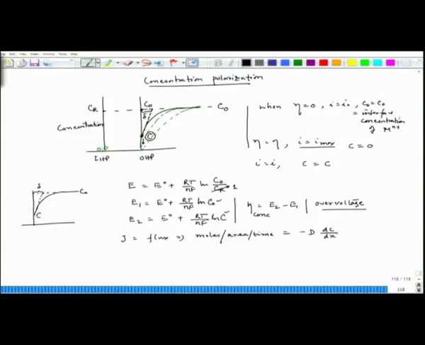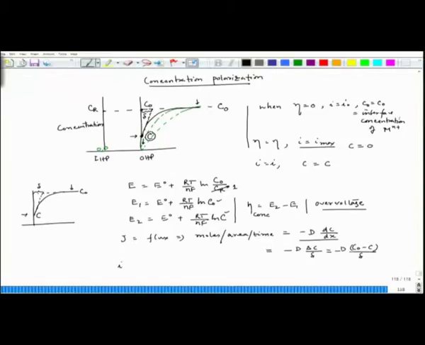The flow of metal ion from the bulk to the interface, that rate would be decided by this particular equation, which is Fick's first law, and we are considering steady state flow. This can be approximated as minus D, dC can be written as delta C, and dx can be written as delta, which is minus D (C 0 minus C) divided by delta.